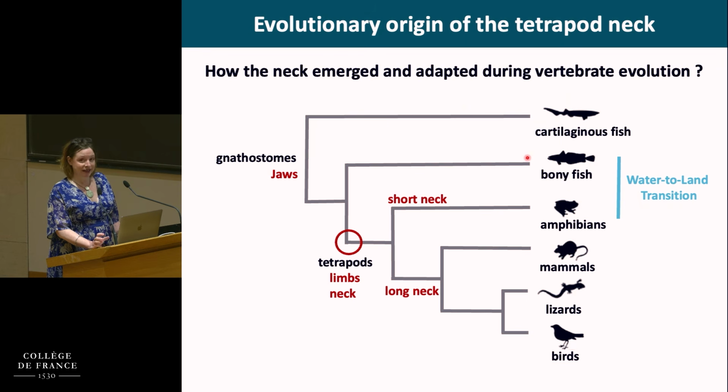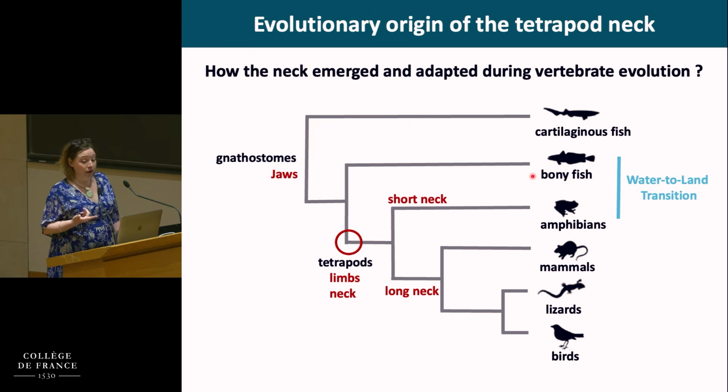And on this basis, our aim has been to elucidate how the neck emerged and adapted during vertebrate evolution. But first, I had to define the homology of muscles connecting the head to the trunk between fish and tetrapods. And muscle homology is defined by three components. First, the embryonic origin.